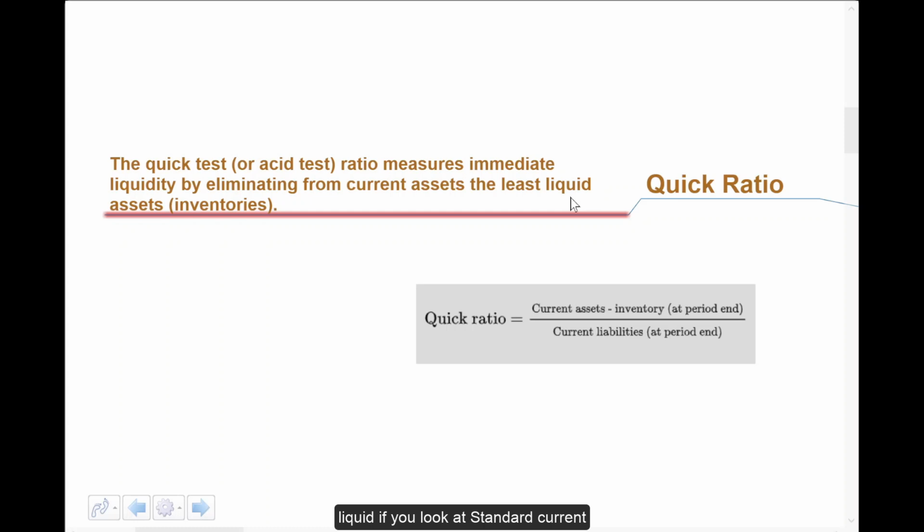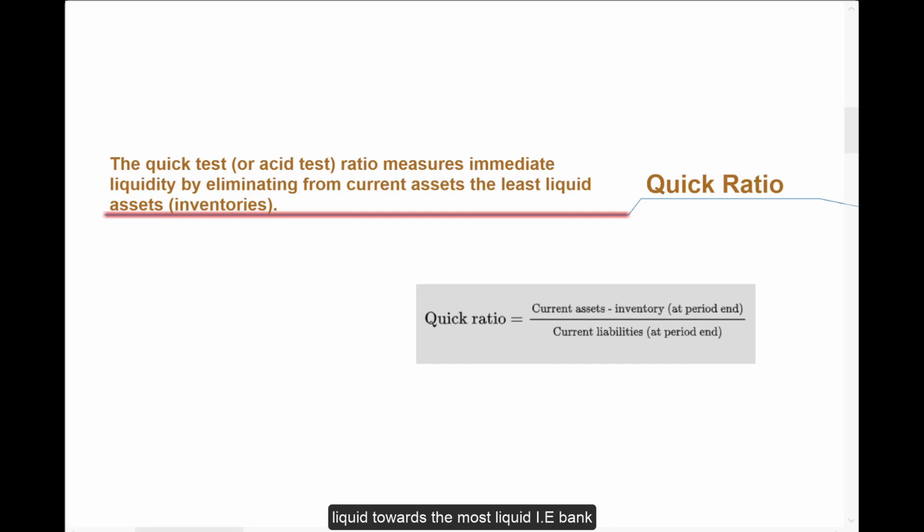If you look at standard current assets, you'll see bank obviously, you'll see accounts receivable, prepayments, other debtors, and you'll also see inventories. And inventories are always at the top because they are the least liquid. You'll notice that current assets, as they flow down, always get more and more liquid.